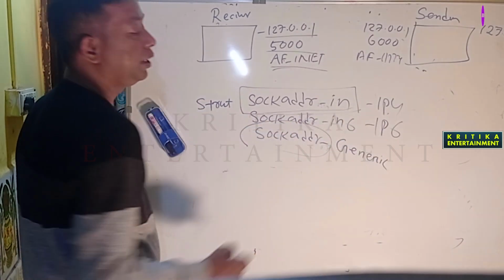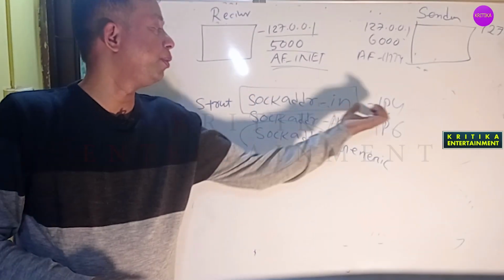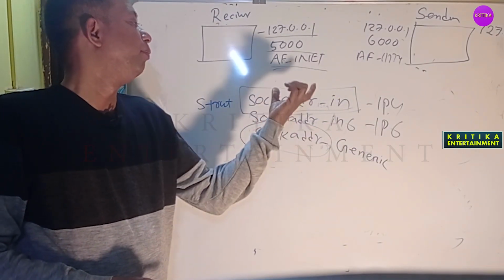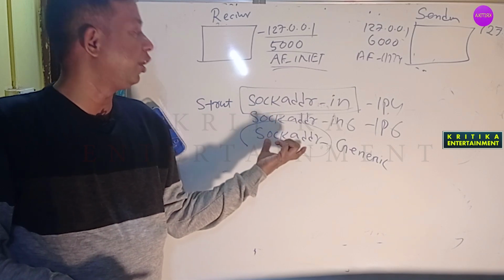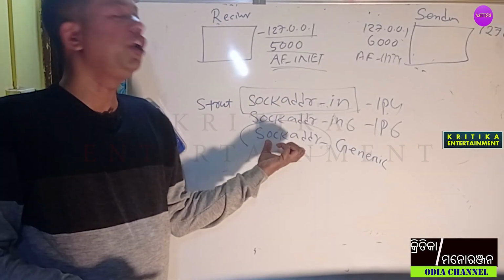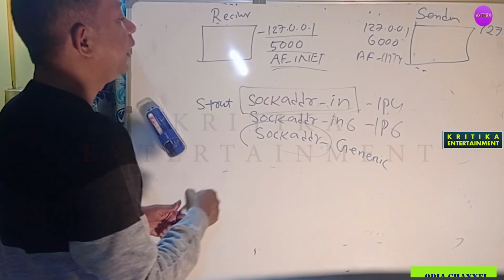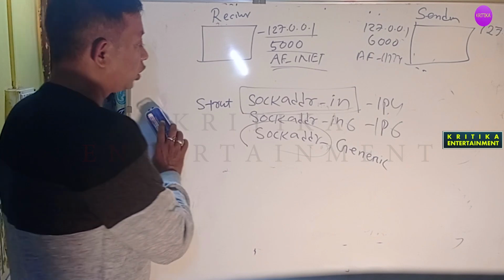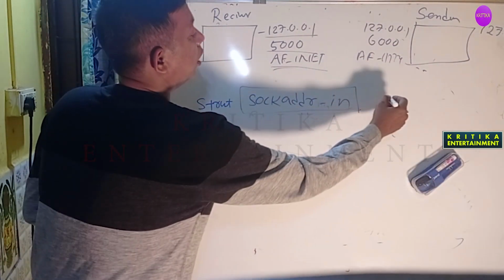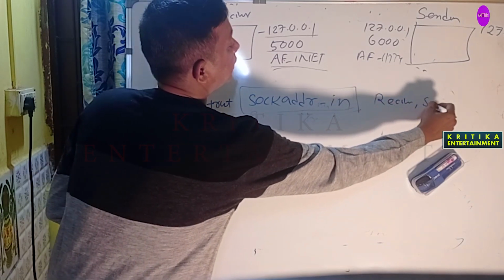Generic structure means whether you are using IPv4 or IPv6, it can be cast into sockaddr, which may contain the value of IPv4 or IPv6, so it is called your generic structure. Here I will declare that structure, and the structure variables are called receiver and sender.